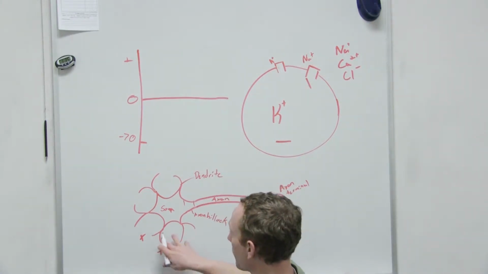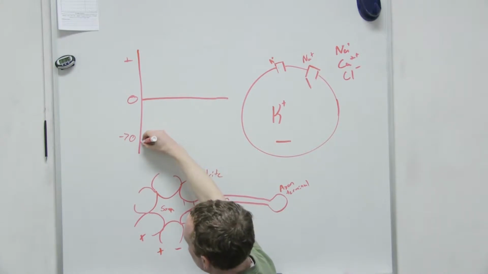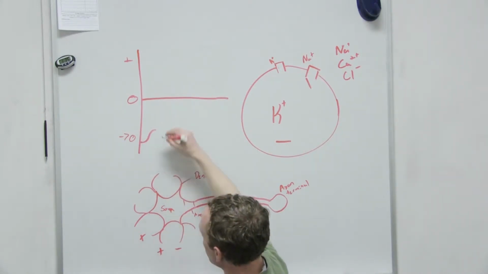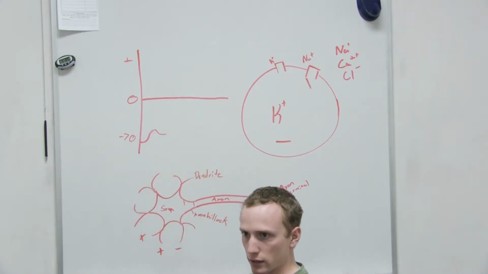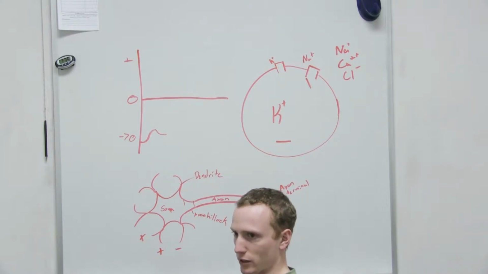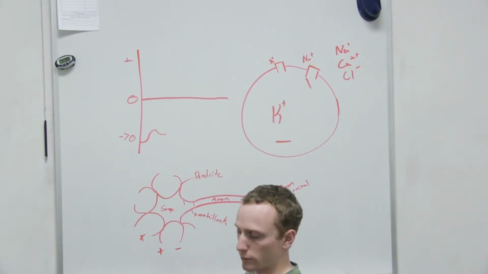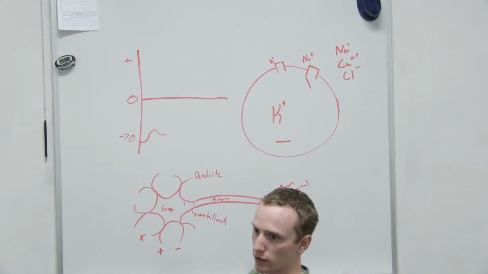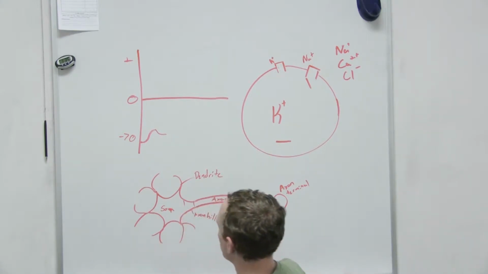And what can happen is they can affect each other. So these two positives, when this negative comes along, it pushes it down a little bit. Does that make sense? So there are some things that are going to depolarize the cell, and some things that hyperpolarize the cell.